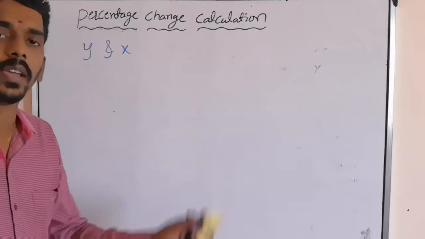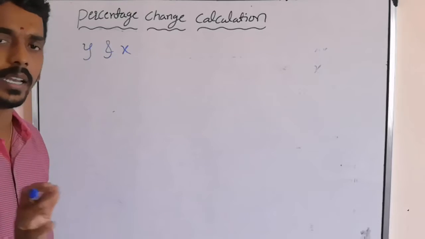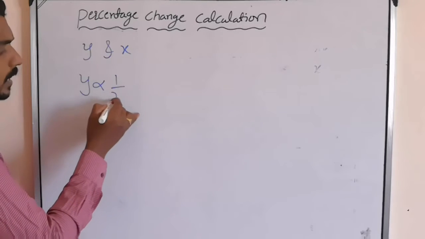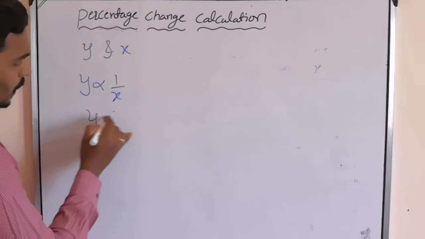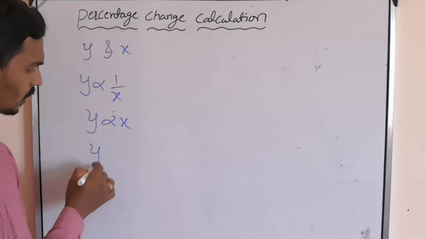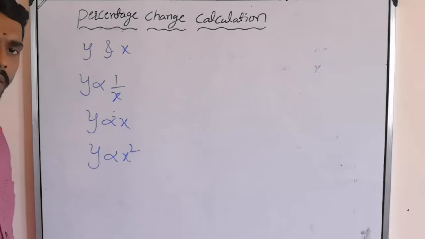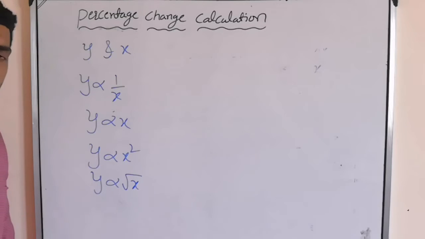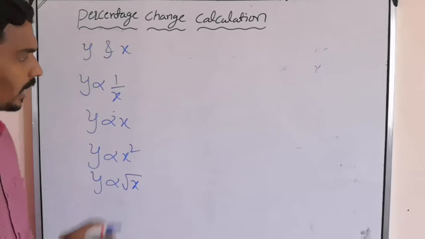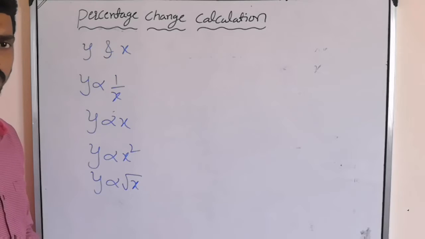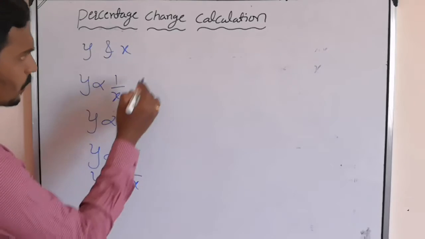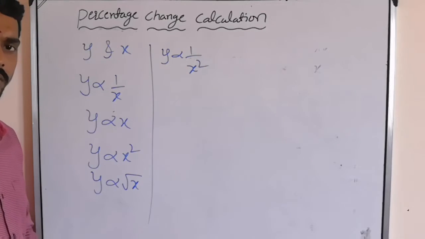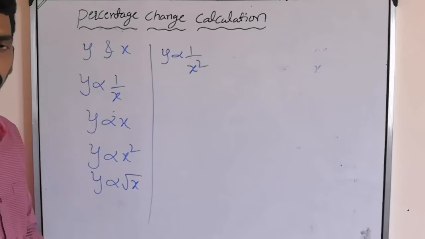It can depend in any way. Like for example, y proportional to 1 by x, y proportional to x, or y proportional to x square, or y proportional to root x. Any relation can be given. Not just this one, y may be proportional to 1 by x square also.